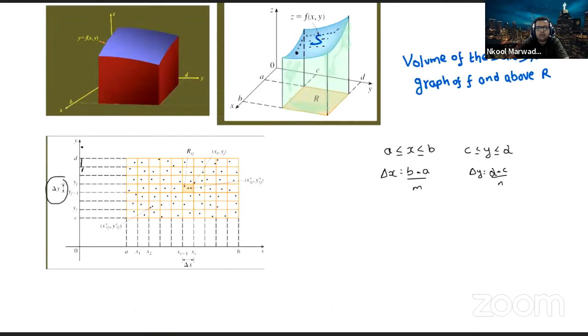In this grid, one side represents delta x, and the other side will be delta y. So these grids are small rectangles wherein the length is, let us suppose, delta x, and the height or width will be delta y. And what is the area of the rectangle? The area of this small rectangle will be delta x into delta y.